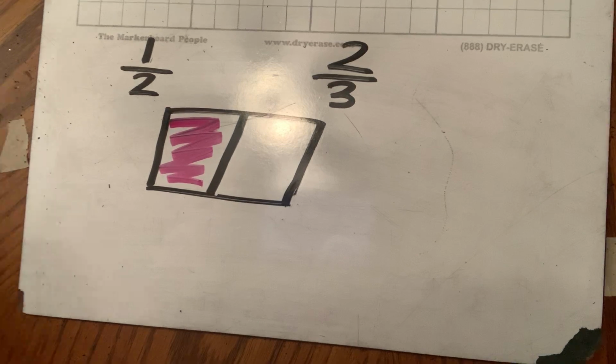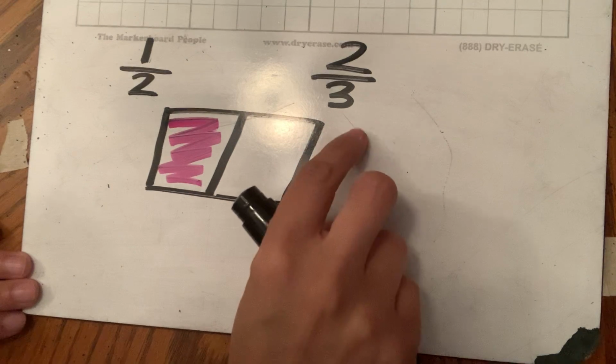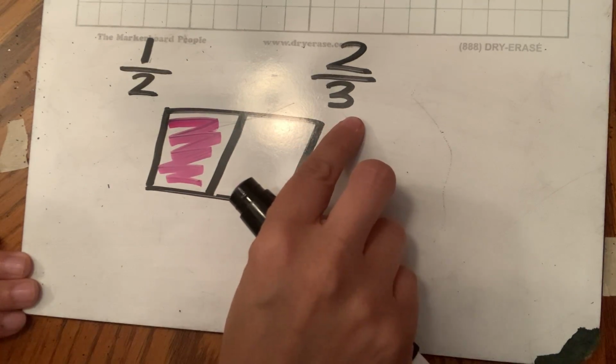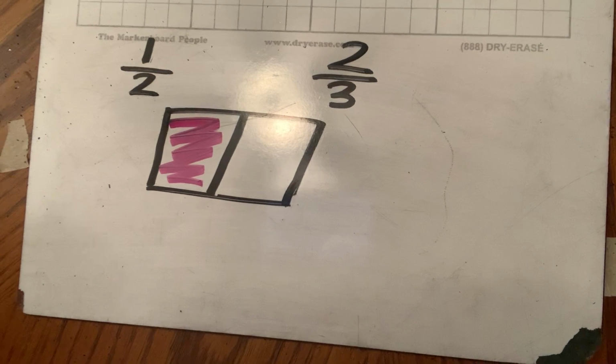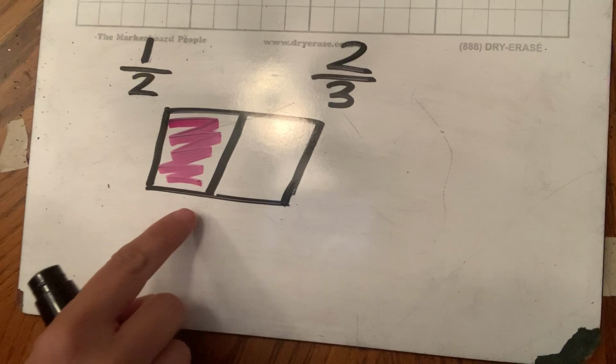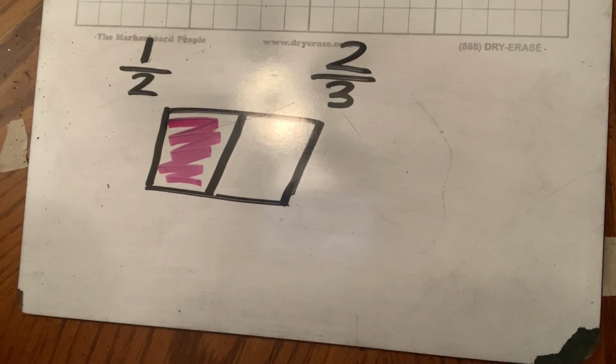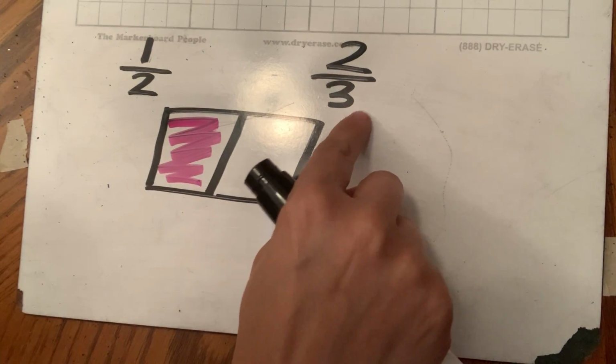Then what I would do is I would decompose it, and I'm going to look at the denominator of my other fraction. And that's going to tell me how I'm going to decompose this area model for my first fraction, right? So it looks like I have thirds.